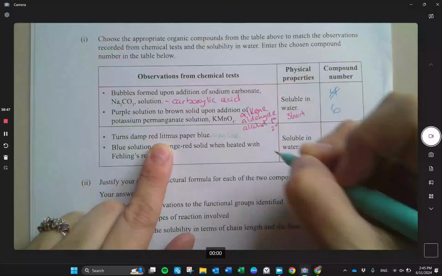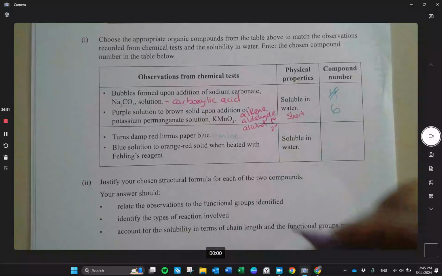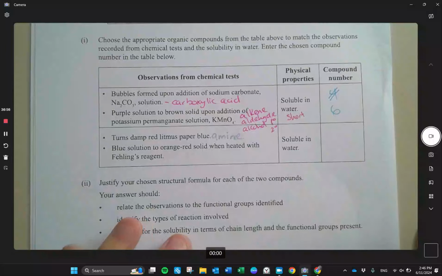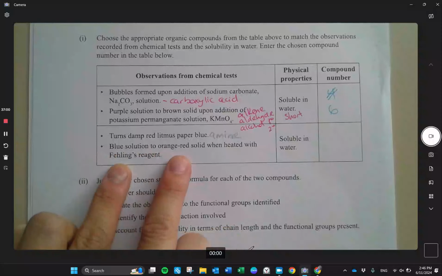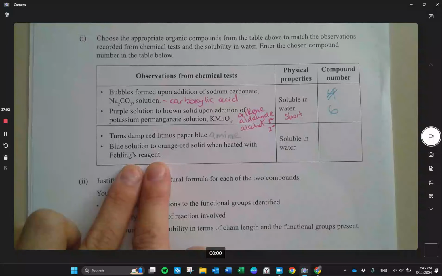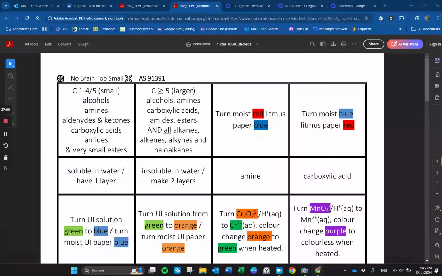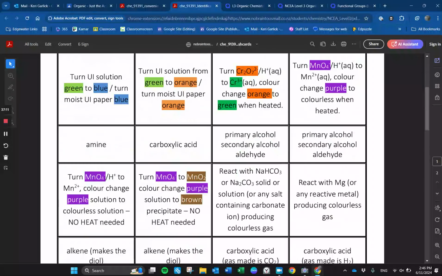I might do a different color because I didn't turn up too well. I don't know if you can see that one any better. A little bit. Okay. The second thing it says, blue solution to red-orange when heated with Fehling's agent. So we need to know what Fehling's reagent does. So go back. This is why I say you've got to have these memorized. So we're looking for Fehling's, and it's going to go blue to orange.